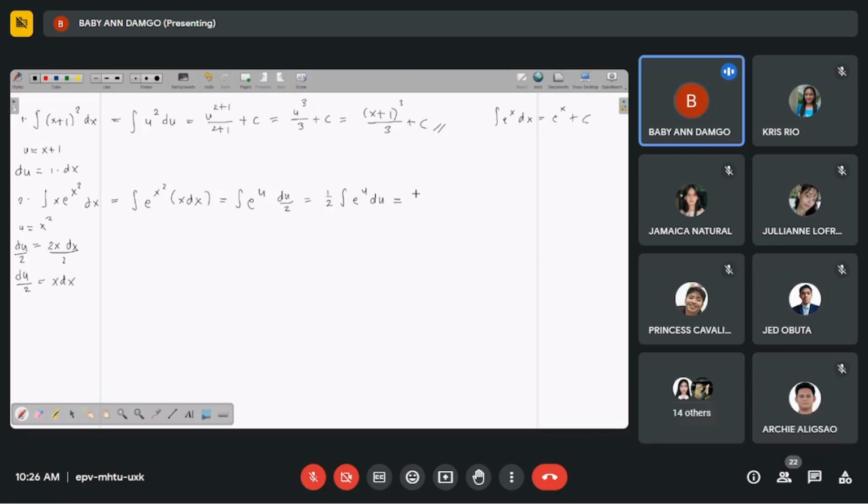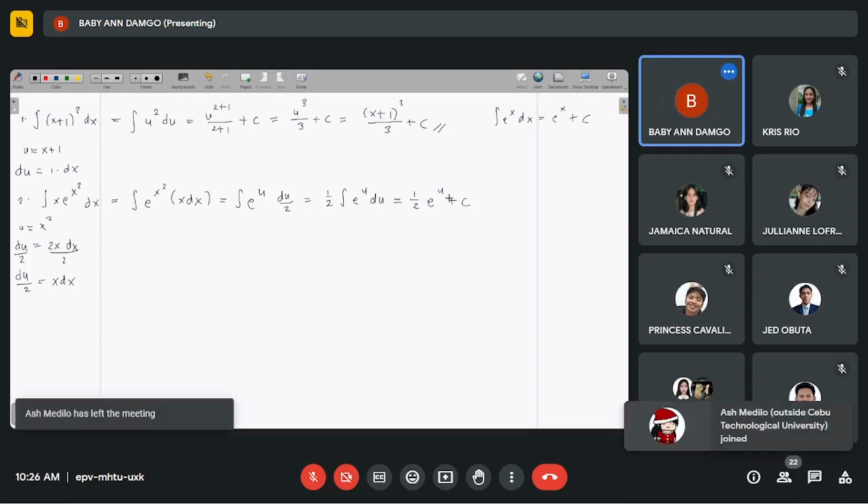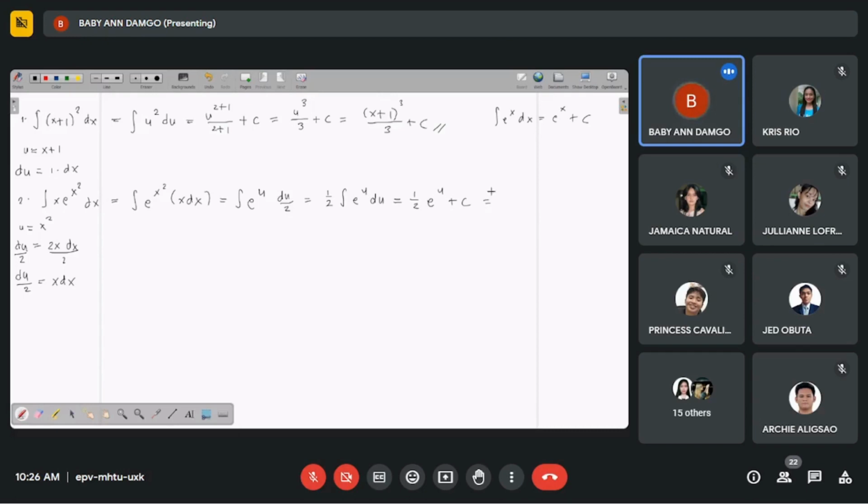So, we have here 1 half e to the u plus c. Okay? So, since dapat atong final answer is with respect to x, so ato nang substitutan ang u. So, we have 1 half e to the x squared plus c. And this is the final answer.